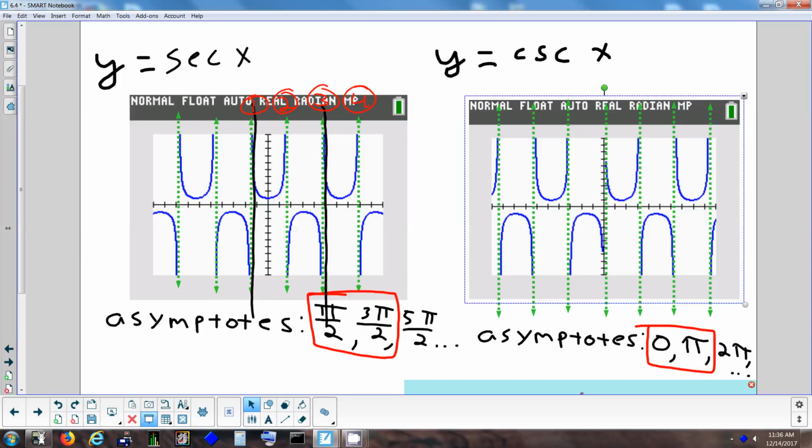These are the first 2 asymptotes for secant. 0 and pi are the first 2 asymptotes for cosecant. The reason that's important is because if you do a shift and you want to know where your asymptotes are now, you have to know where they were before. You can't figure out where they're going to be now if you don't know where they were before. And that's what the chart on the next table is really going to be helpful for.